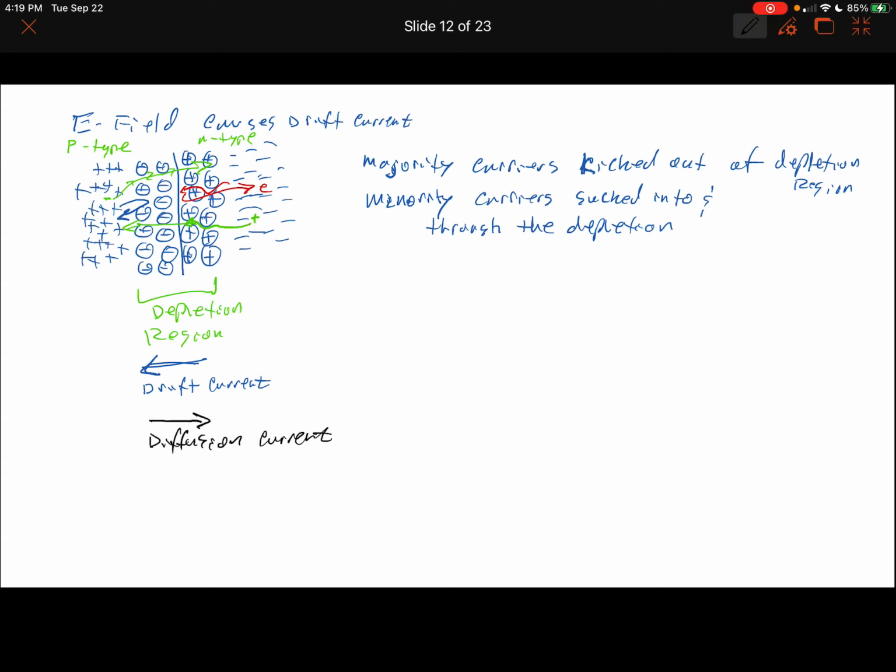Now, this field across this depletion region has a magnitude, which is volts per distance.